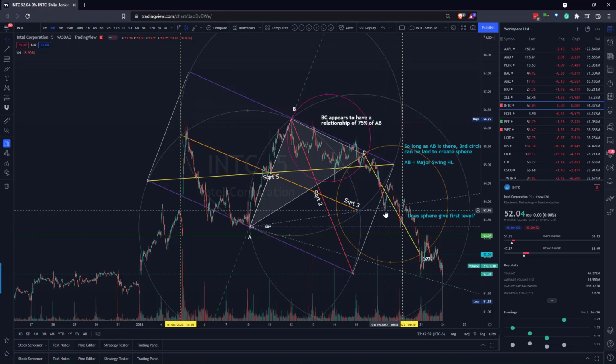But then again, you know that's a point of interest, but you know C to D is there, so you may not close the option. You may just add to it, or that's something you'd have to figure out with the trade plan, because C to D is going to be a nice runner too.